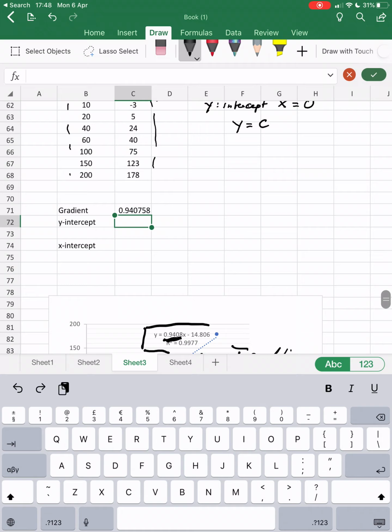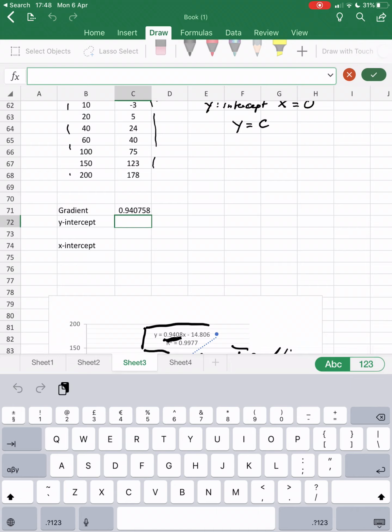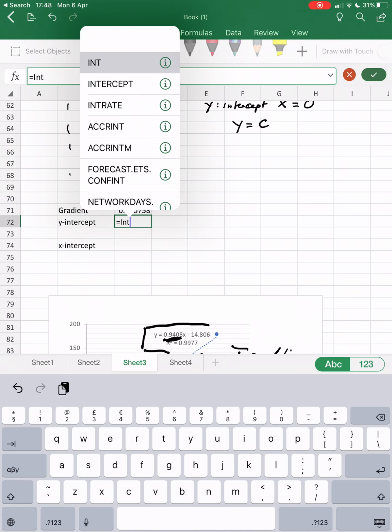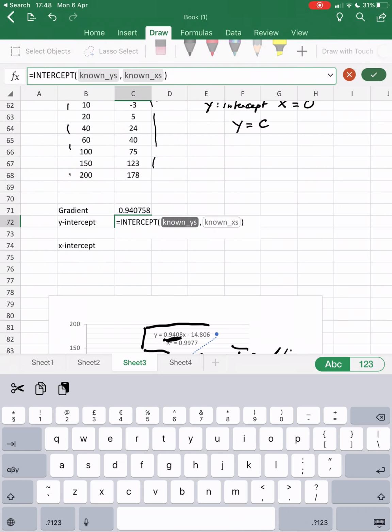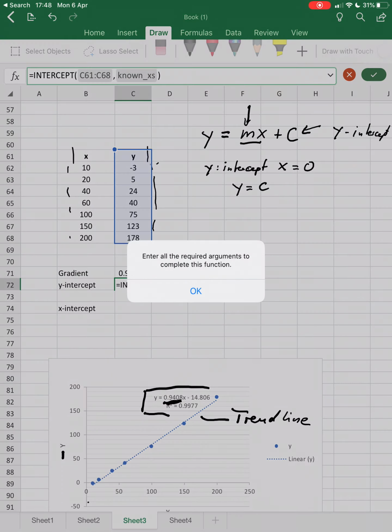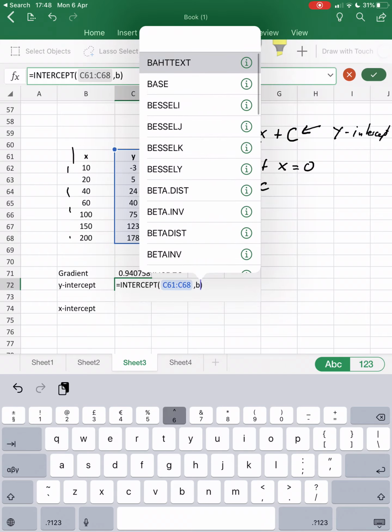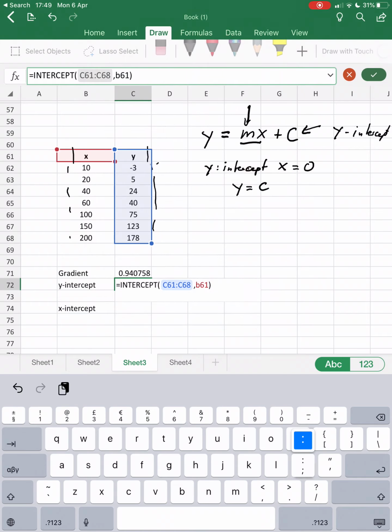Now for the y-intercept we can do exactly the same thing. So here the function is equals intercept, and it comes up with the right one. So the known y value, that would be from here to here, and the known x value, and again I need to put that in manually, that would be B61 to B68.